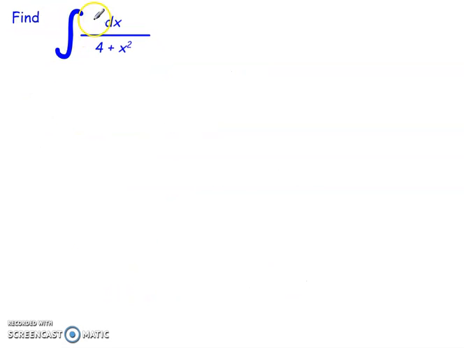Let's imagine I want to find the integral of dx over 4 plus x squared. Well, remember what we want is it written in the format of the integral of dx over a squared plus x squared. Now in this case, I know that a squared is equal to 4, a is equal to 2.